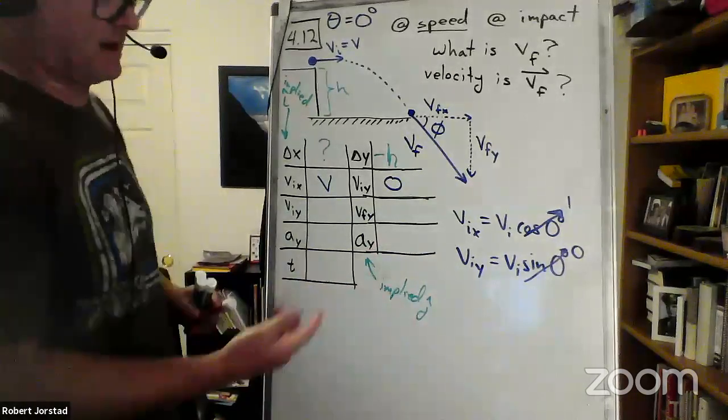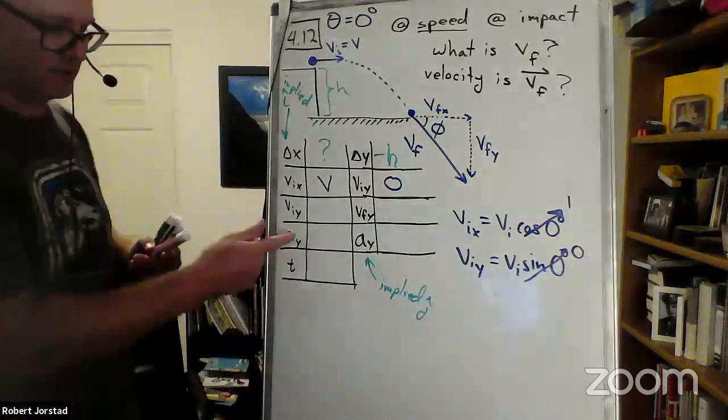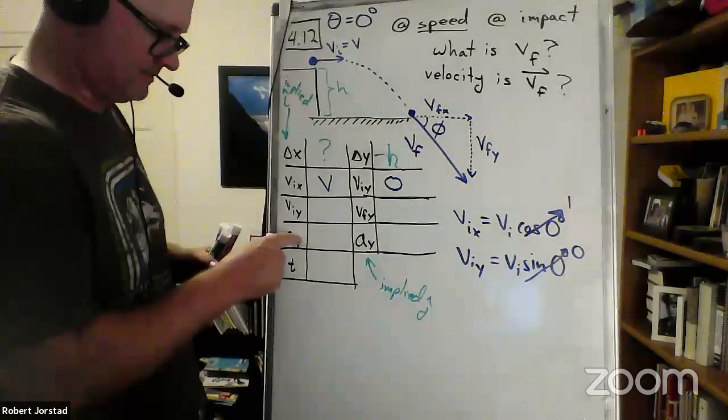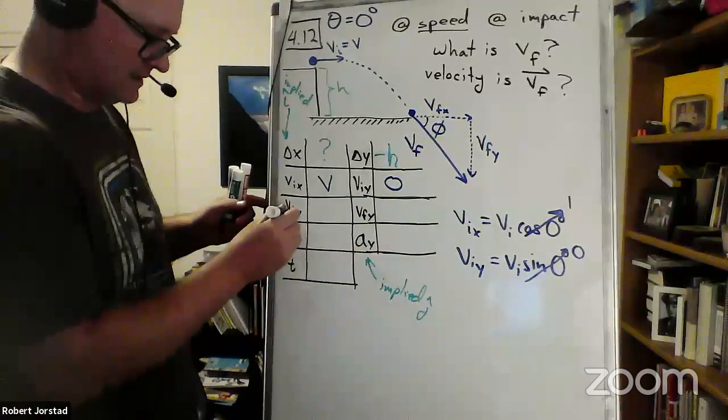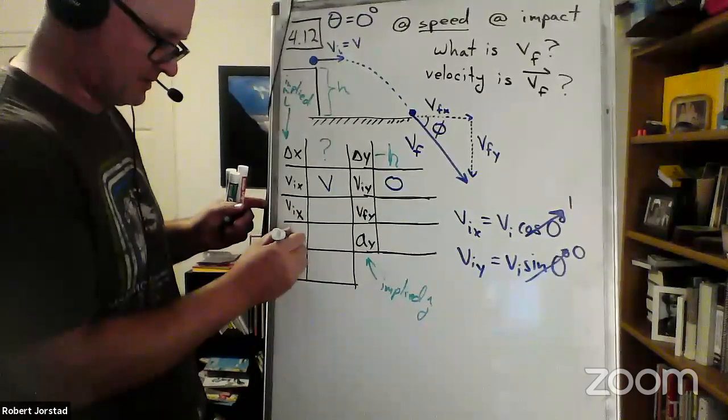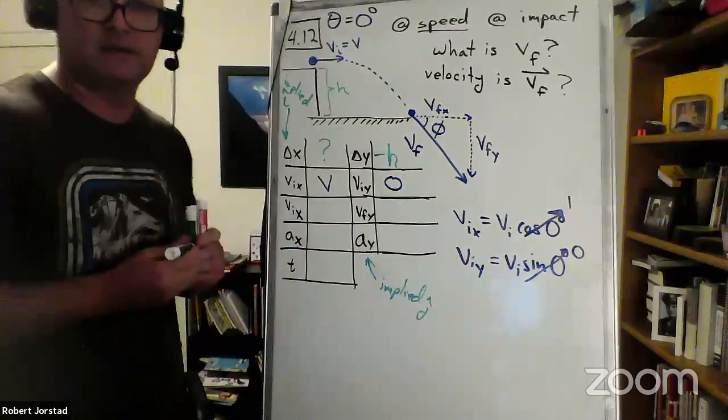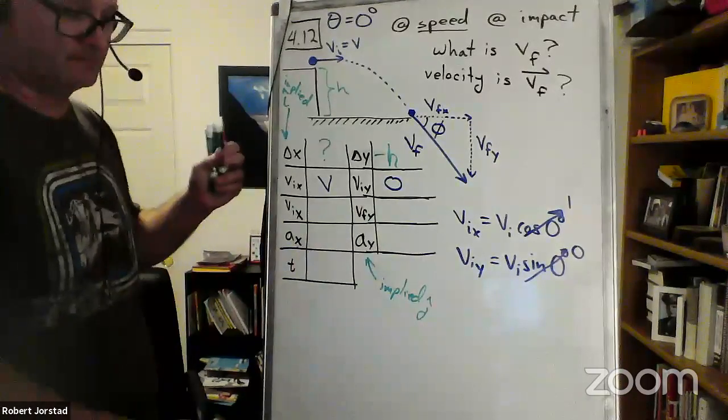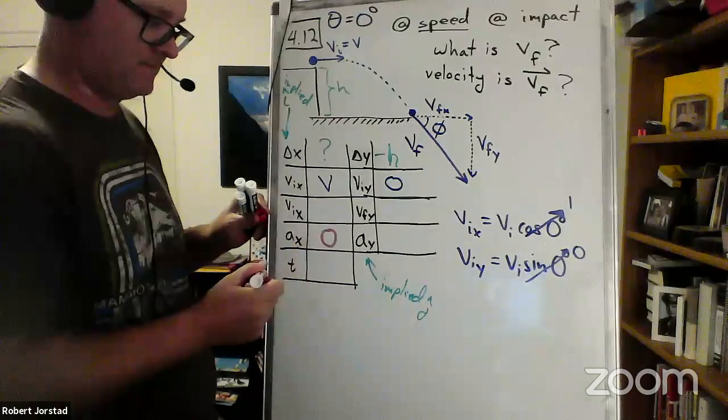What are the accelerations in the X and Y? Oh, that's supposed to be an X, isn't it? It got sloppy. This is supposed to be X, and this is supposed to be X. What do you think? What you got for x is 0 acceleration, and negative g is the acceleration on the y-axis. That's correct.